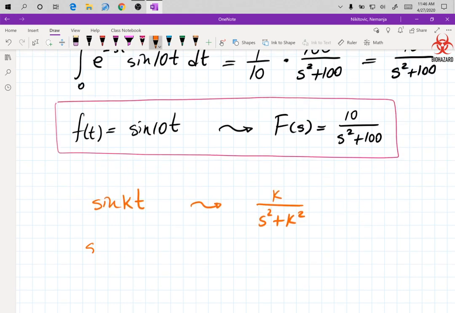So for your problem of sine 10t, you know your k is 10 because you use your eyes and look at it, and you get your 10 divided by s squared plus 100. Apparently page 442 has it as well. Oh, nice. Yes, I love it. If you go to page 442 in the book, you have the best of.